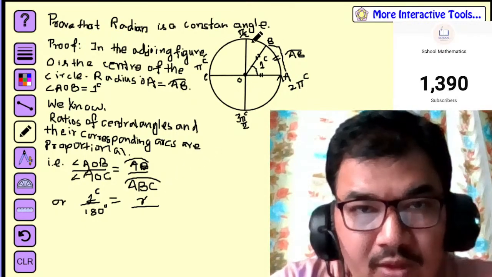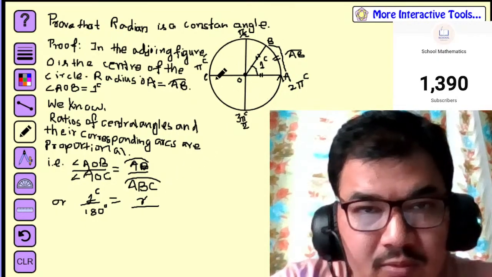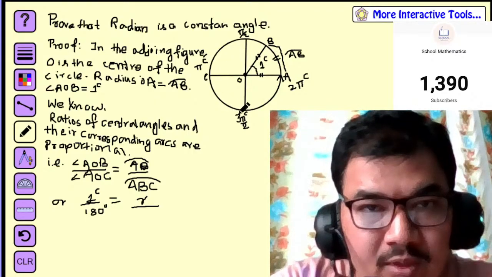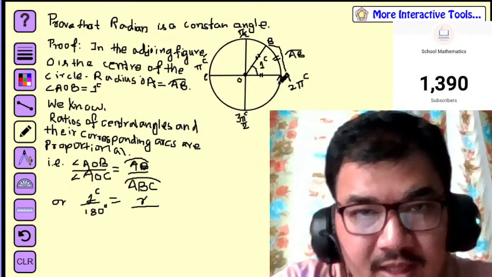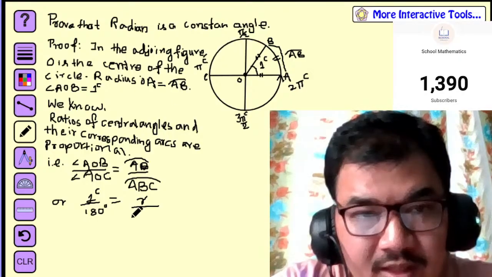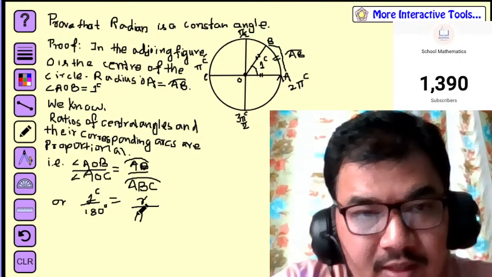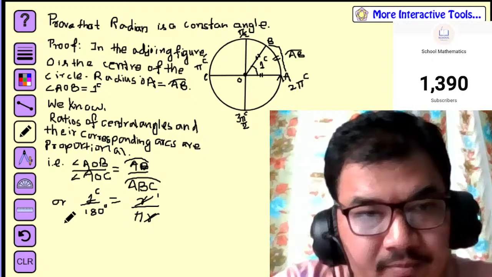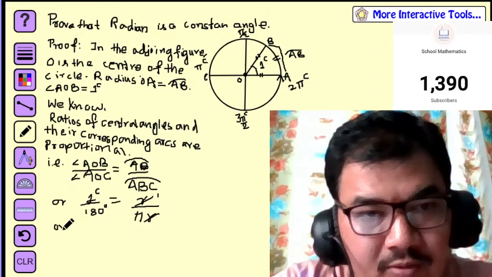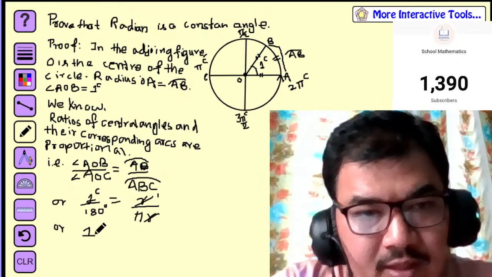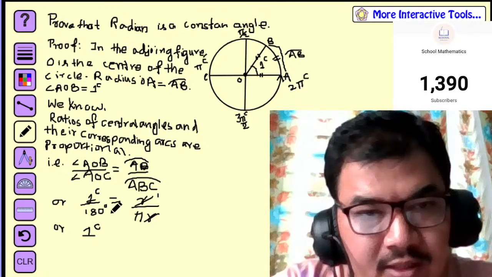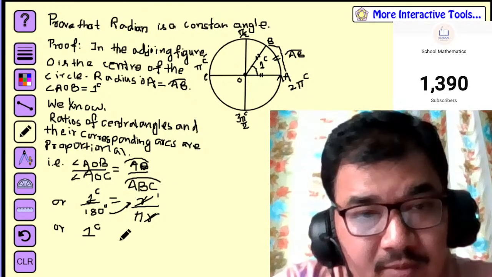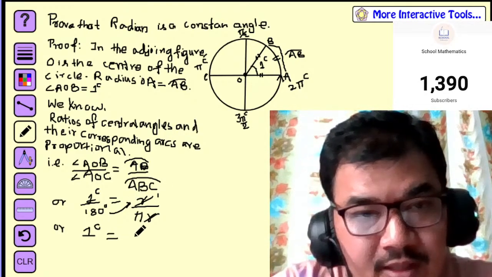One complete round of the circle is 2 pi r, and this is half, that's why it will be pi r only. Then this r and this r will be cancelled, and we have to write 1 radian, and this 180 degrees will go to multiply here. 180 degrees into 1, it will be 180 degrees.